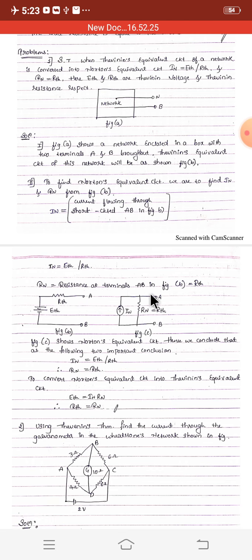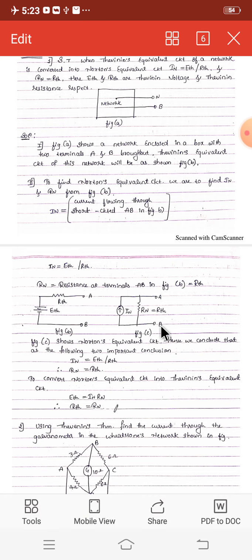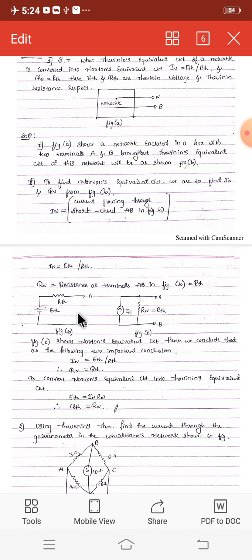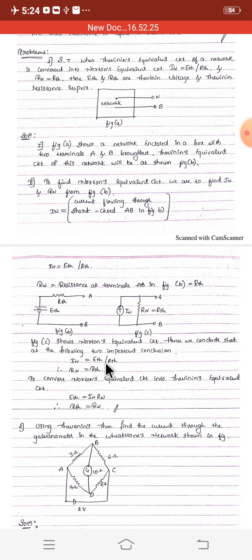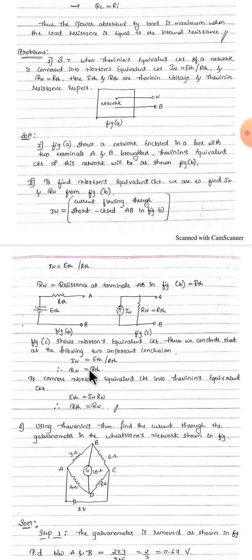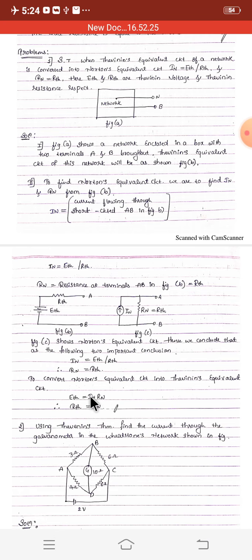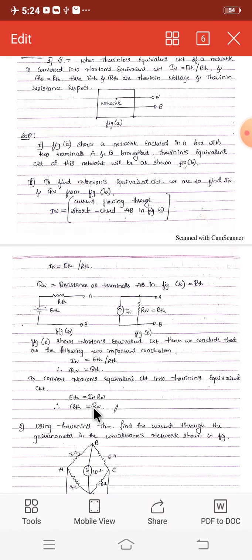RN equals RTH. In figure B, IN equals the current flowing through short-circuited AB. That means IN equals ETH by RTH, and RN equals RTH. Therefore ETH equals IN into RTH, where RTH equals RN. So RN equals RTH.